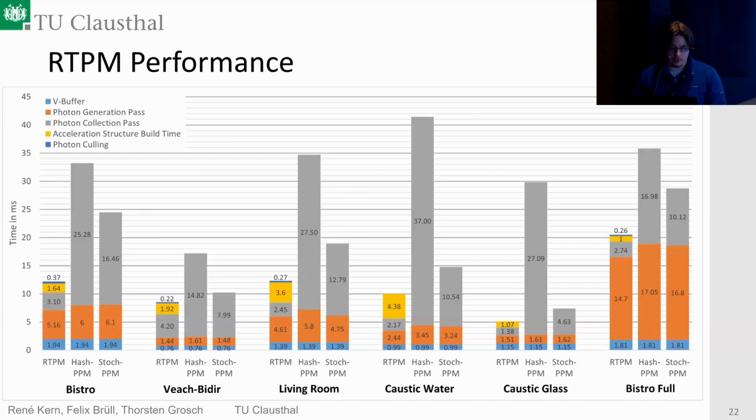But due to culling, this cost gets rather small for the bigger scenes. The generation is also a bit faster because just storing the photons inside a buffer is faster than inserting them into a hash, mainly due to cache coherence.